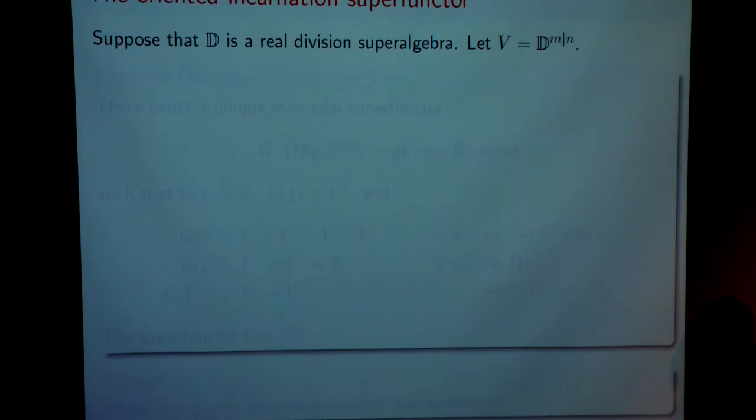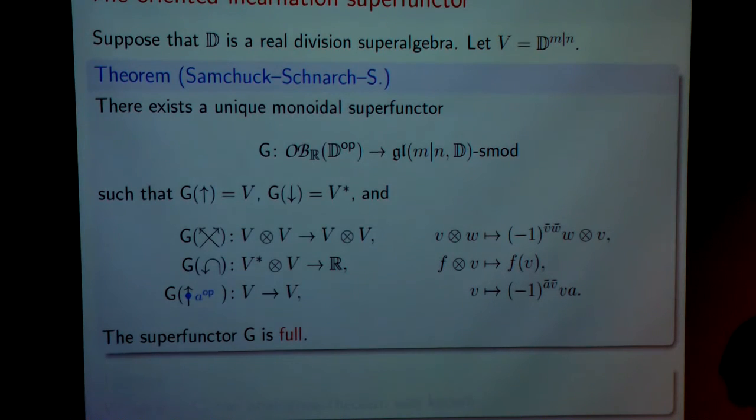Okay, so here's the connection to representation theory now. So we have a nice functor that sends this category to a category of modules. Okay, so let's fix some real division superalgebra. So there are 10 choices, remember. We don't need any involution, so we can pick any of the 10 on this list. And let's let V be the superspace over that division superalgebra of superdimension M, N, or even part M, odd part of dimension N. So here's the main theorem.